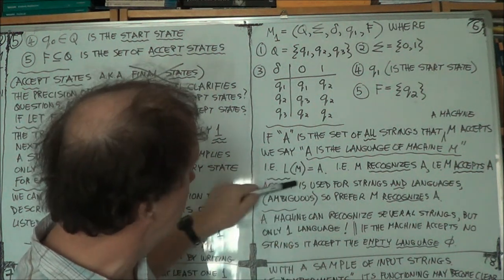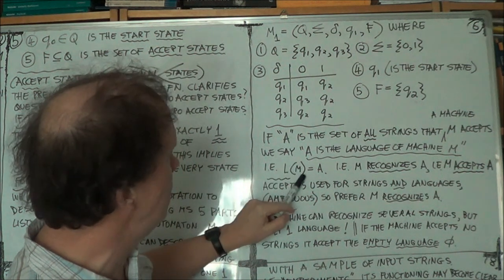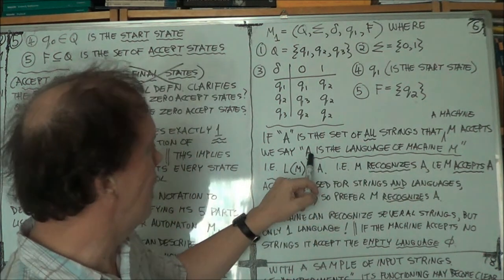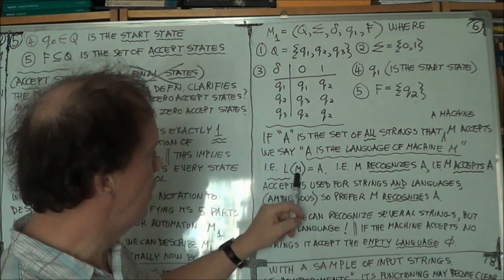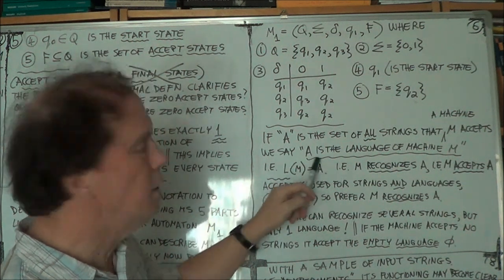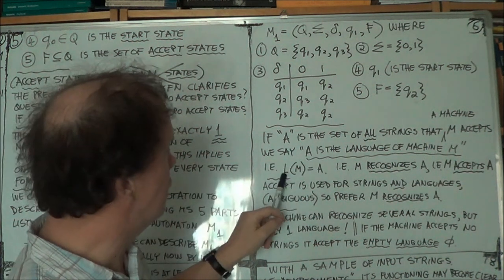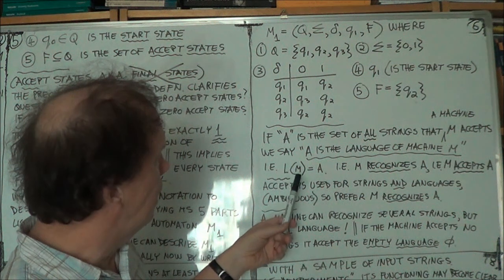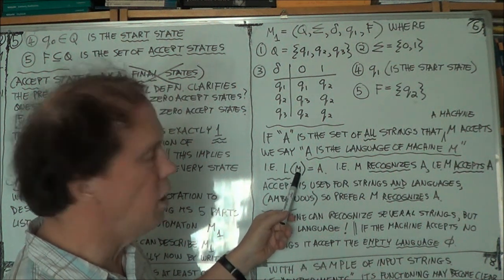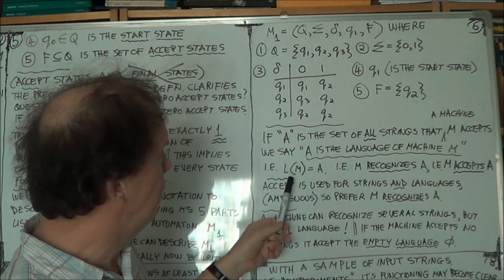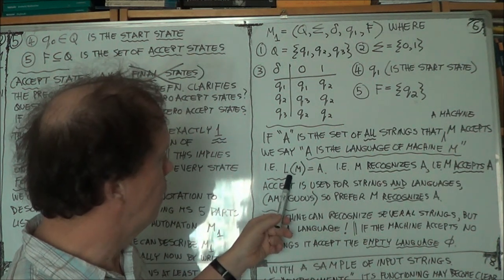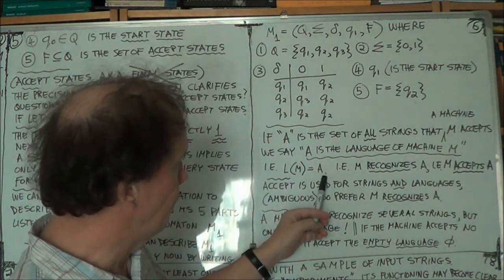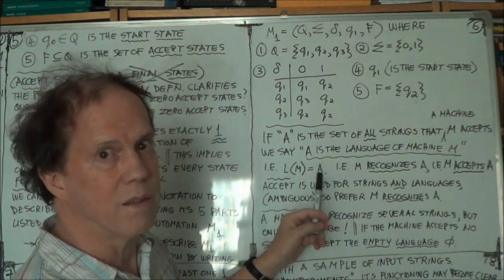And you can write it this way: L of M, the language of M, is A. So if you see this, you just translate it in your head as: the language of M is A, and that means that this machine M, its language, in other words the set of all input strings that it accepts, is A. Now you don't know what A is, it depends.